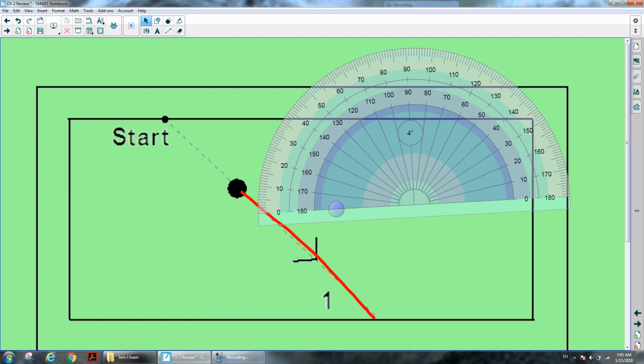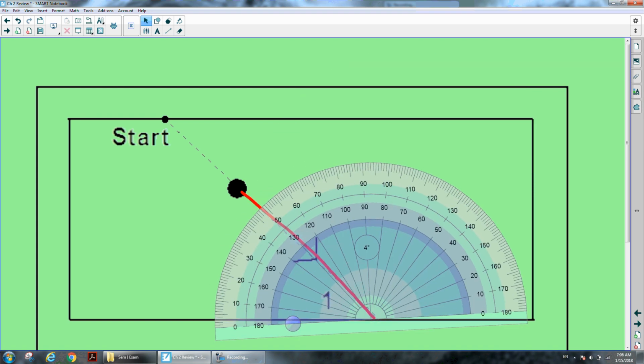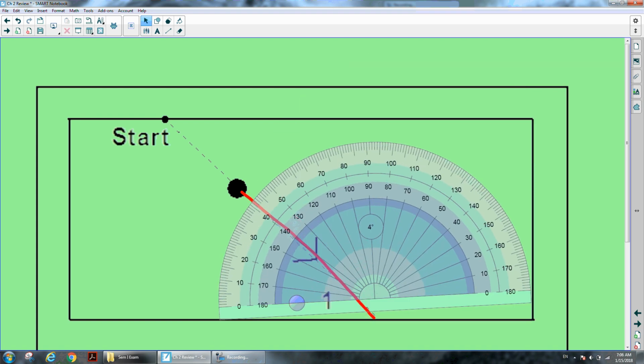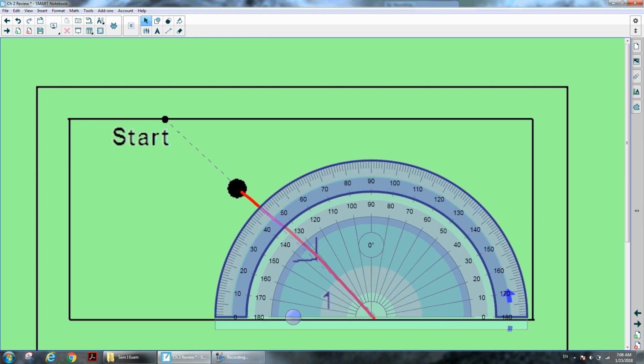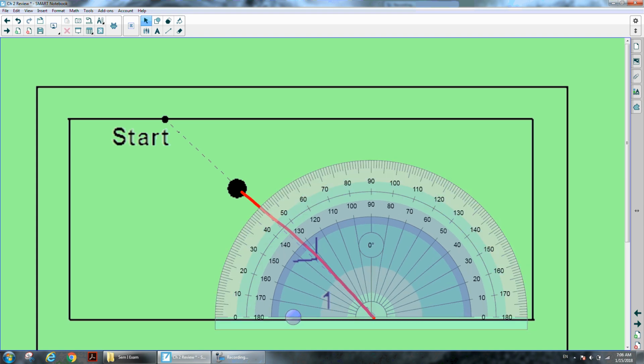Then you're going to take your protractor and we need to measure angle 1 there. So if I look at my protractor, I can see that incoming angle is about 45 degrees. Okay, so that means my outgoing angles, starting from the 0 going up, needs to be 45 degrees also.